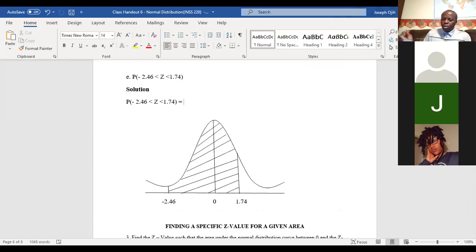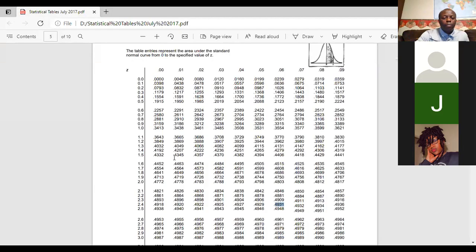The other z value would be 1.74. So we're going to look at it here. 1.7 under 4. 1.7 is right here, and under 4, this is the 4 right there.